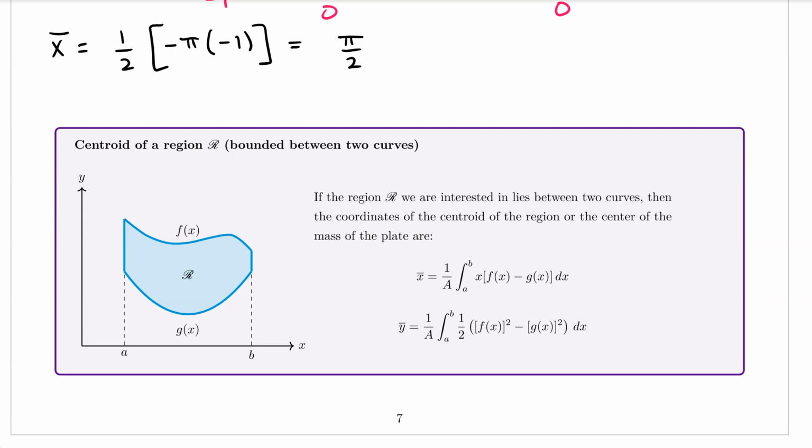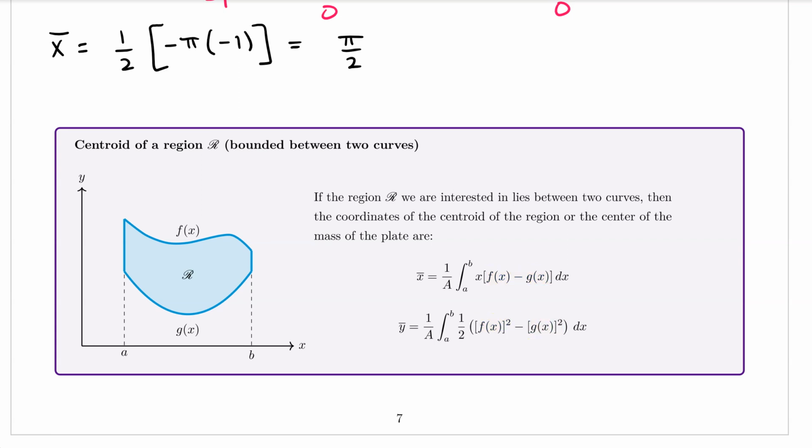They're very similar. Now, instead of only using f of x in the x bar formula, we have f of x minus g of x, and in the y bar formula, we have f of x squared minus g of x squared.